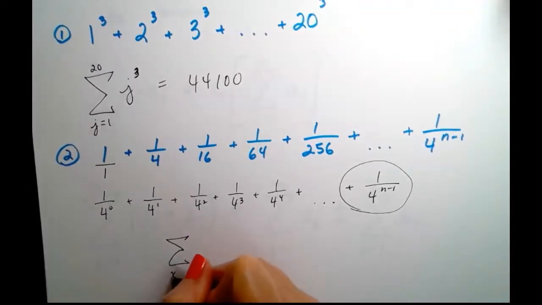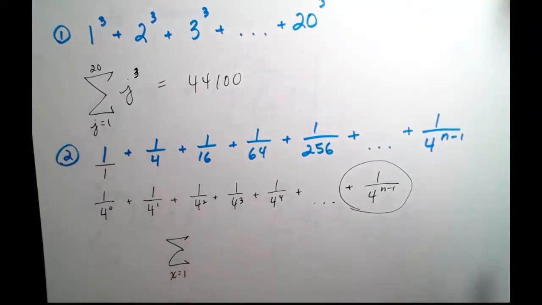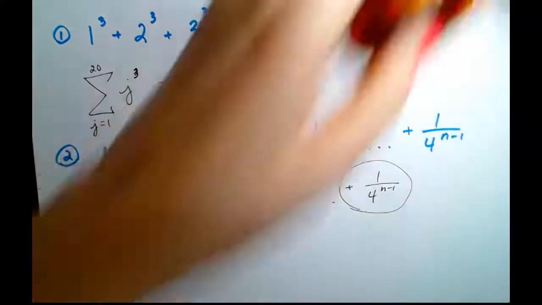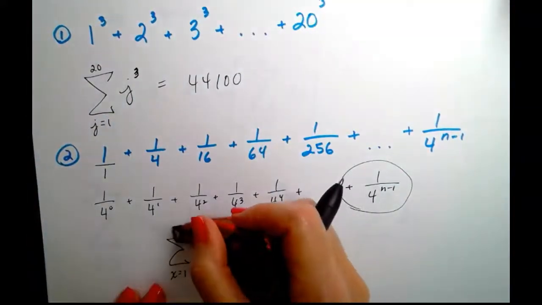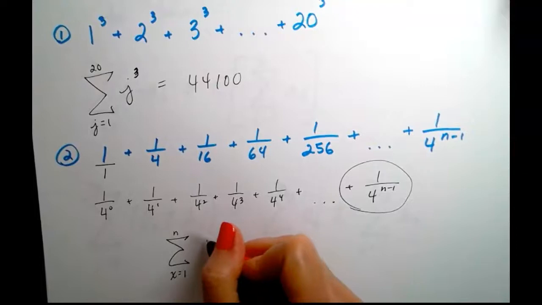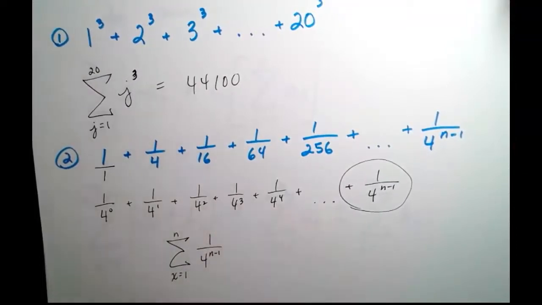We'll use x this time, a lower limit of 1, and upper limit of, whoops, I was about to say n and wrote 2. Try again with my handy dandy eraser tape. An upper limit of n, and our rule is 1 over 4 to the n minus 1.